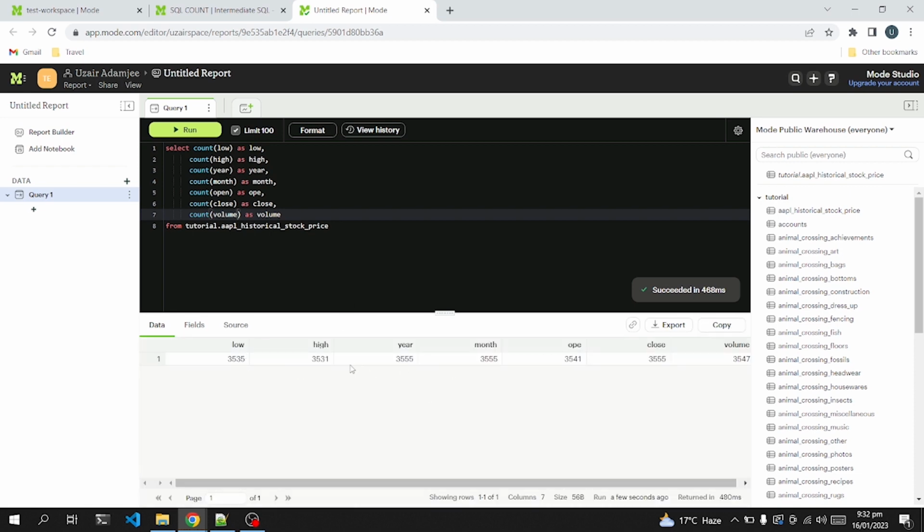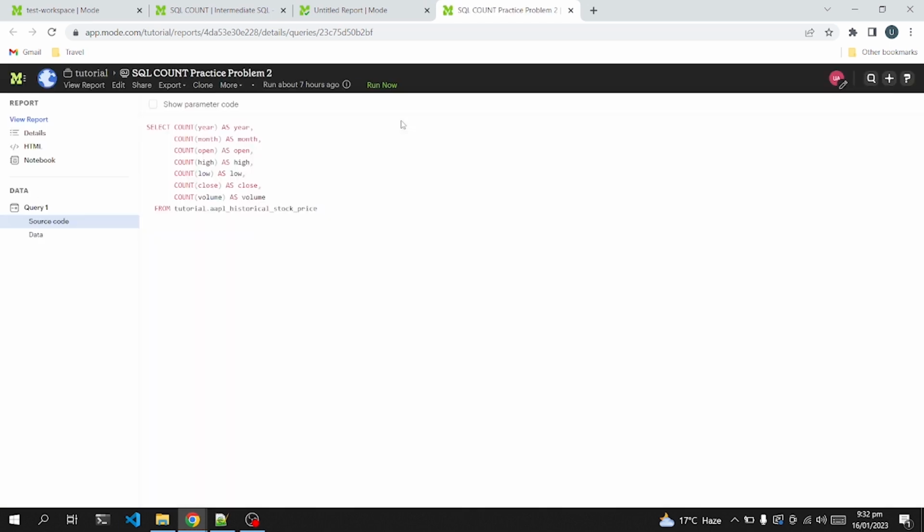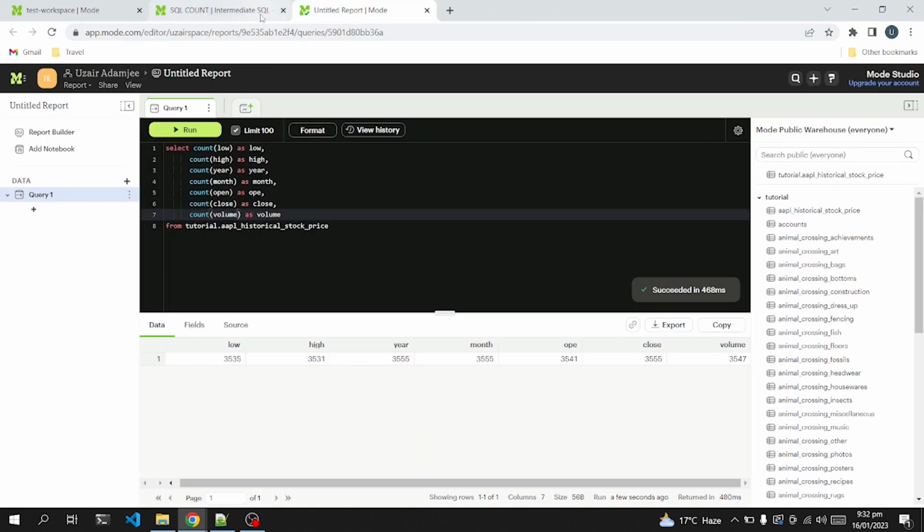So it looks like the high column has the lowest null values. The highest one is, I guess, month, rows, year. That's it. So let's see the answer. Have we written the correct statement or not? Yes, we have correctly written the query.